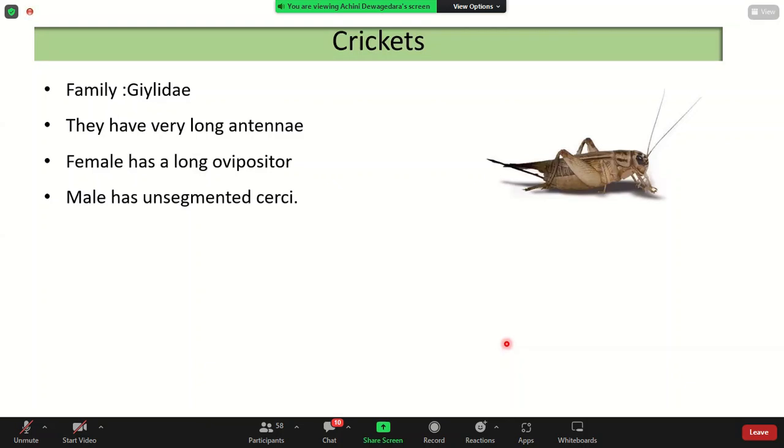These crickets make some noise, which is not very pleasant to us. So they make some noise, and they have a very long antenna, and the females have a long ovipositor, as you see here in this picture.